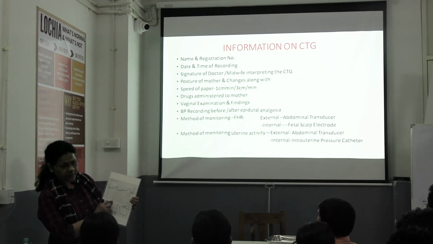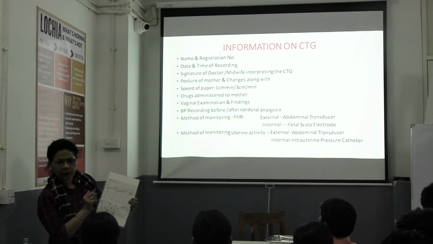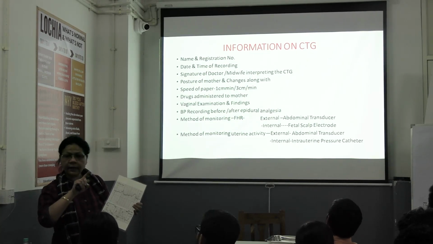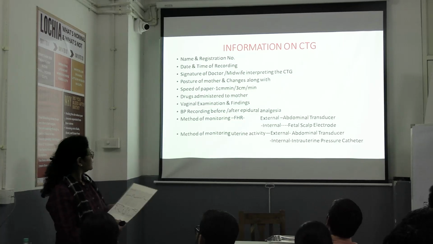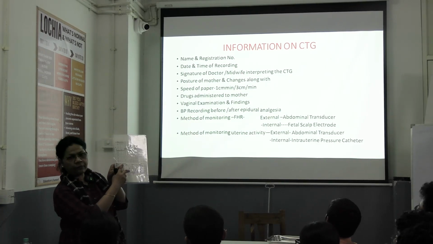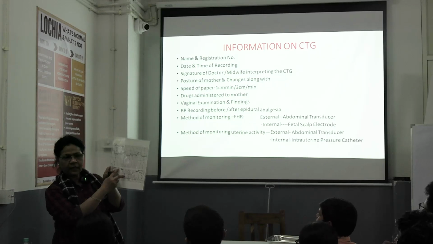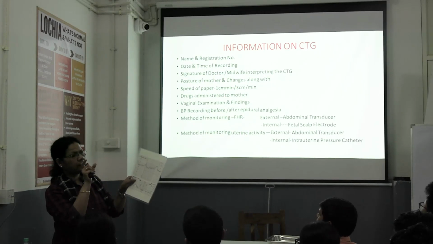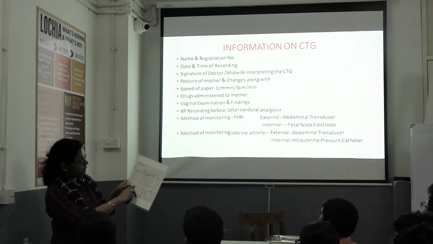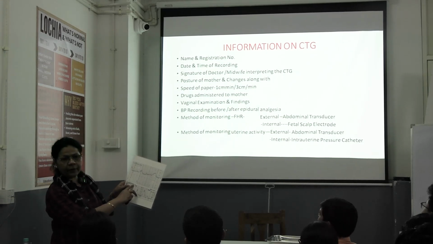So it is either 1 centimeter, the small square, or 3 centimeter. That will regulate the rate of the heart rate. So you have to see on top, here it is written 1 centimeter per minute. So when you are asked the rate, you have to see what rate is given on the graph. This is written as 1 centimeter per minute.